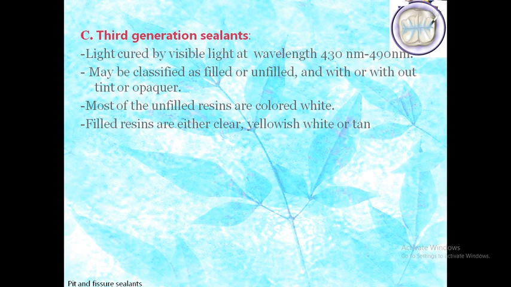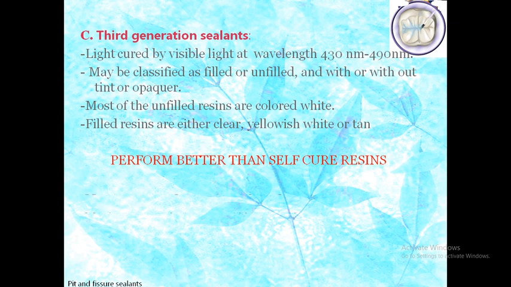Third generation sealants are light cured by visible light at a wavelength of 430 to 490 nanometers. They may be classified as filled or unfilled, with or without tint, or opaque. Most unfilled resins are colored white. Filled resins are either clear, yellowish, white or tan. It has the advantage that it performs better than self-cure resins.